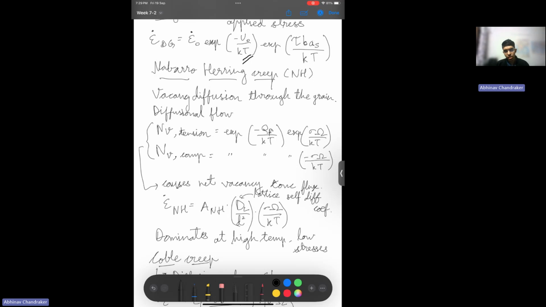This flux of vacancies from one region to another will lead to a parallel change in the number of atoms in those regions, and that basically translates to some straining of the specimen or a change in the shape of the grains.